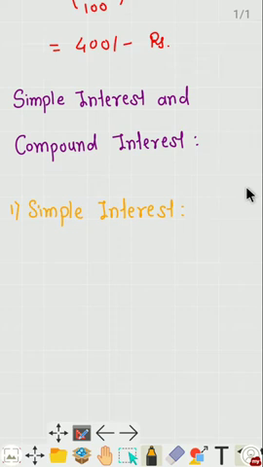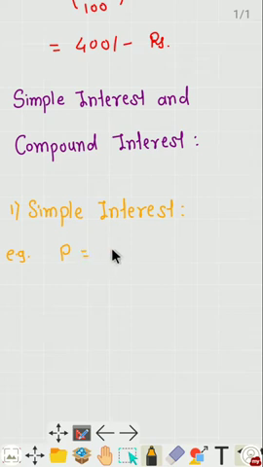Consider the previous example in which rupees 5,000 was invested at the rate of 8% per annum.